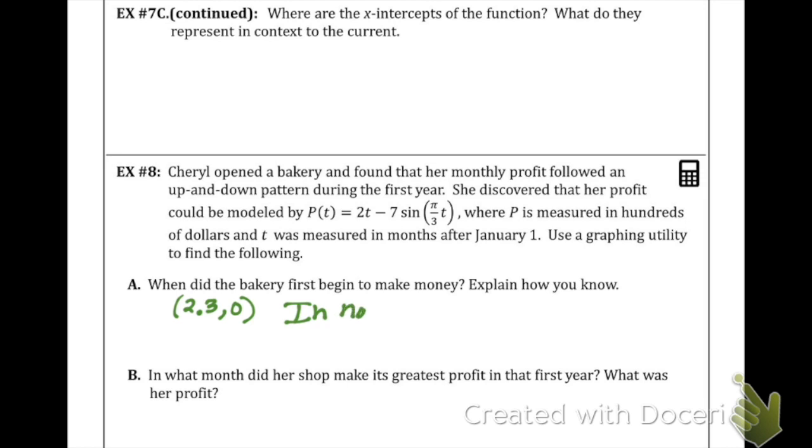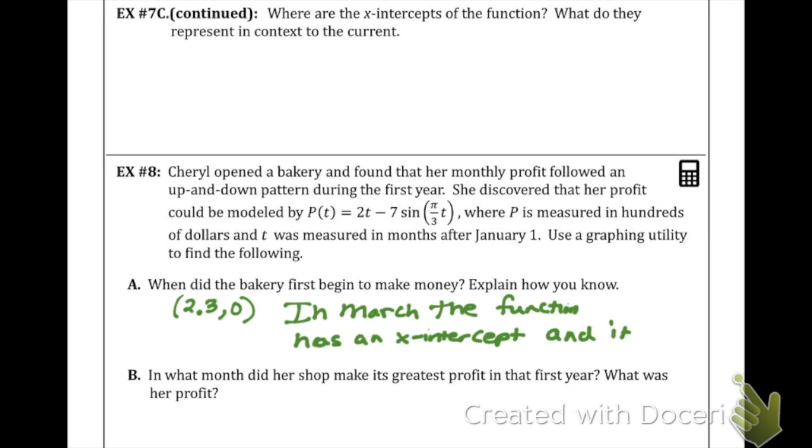In March, the function has an x-intercept, and it is where P of T starts to become positive.